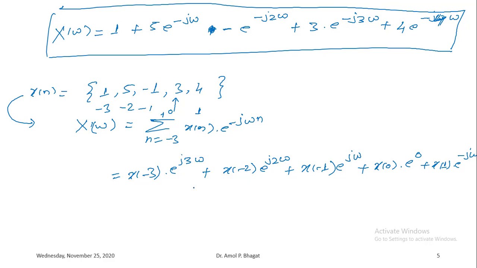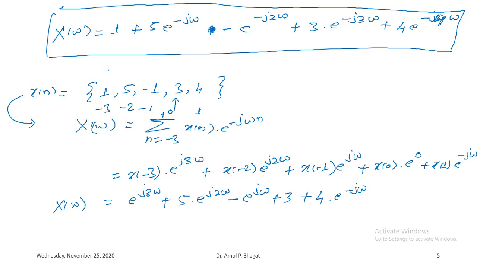Now x of minus 3 is 1, so it will be e to the power j 3 omega simply, plus x of minus 2 is 5, so 5 into e to the power j twice omega. x of minus 1 is minus 1, so minus e to the power j omega. x of 0 is 3, so 3 into e to the power 0 will be 3 simply. x of 1 is 4, so 4 into e to the power minus j omega.